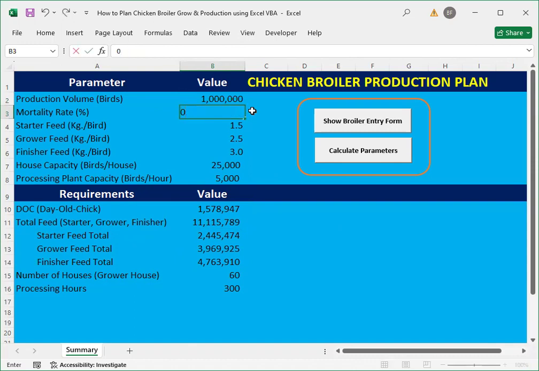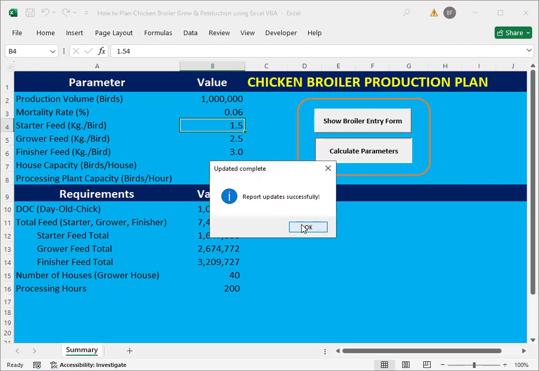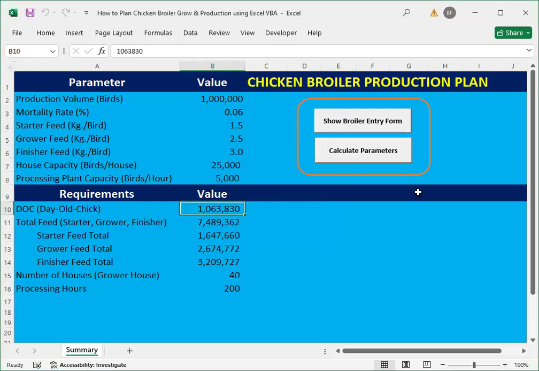Then we need to change the mortality, and let's say 6%. Okay, then we're gonna calculate. Okay, there are changes. Now the DOC, because it goes back to 1 million but with a higher mortality rate of 6%, then the DOC requirement would become 1,063,830. The total feed would become 7,489. Okay, we still need 40 houses and 200 processing hours.